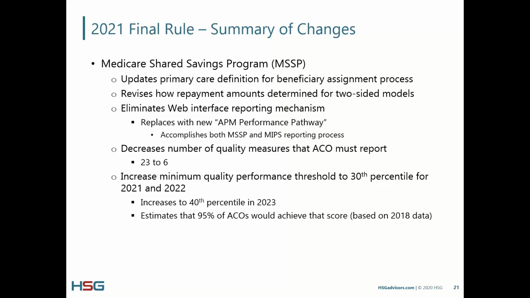CMS had proposed to go straight to the 40th percentile, but backed down to the 30th percentile for the next 2 years because of the public comments. But I'm thinking if 95% of the ACOs would have achieved that score based on 2018 performance data, I'm not sure I get it. But anyway, that's where we are, and that's some of the more significant MSSP changes.